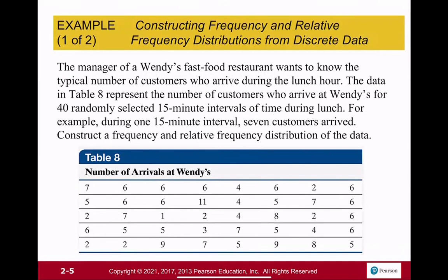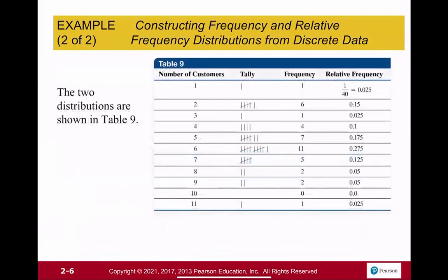So looking at this very first value right here, 7 customers arrived within the first 15-minute interval. 6 customers arrived within the next 15-minute interval. And at one point, 8 customers arrived within a certain 15-minute interval. So looking at this, the data is a little bit sporadic. So what we're going to do is organize it.